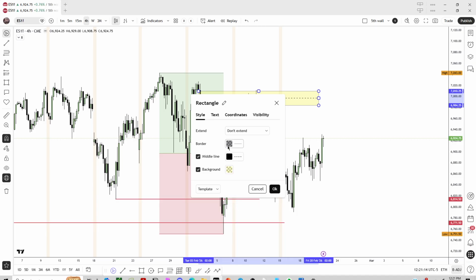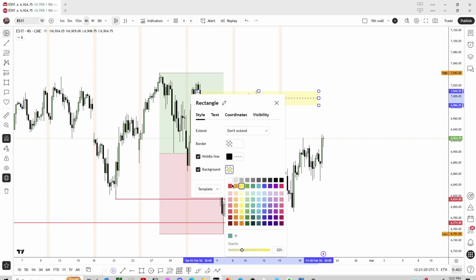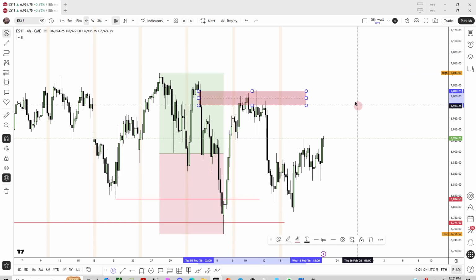All right, so that's that. And then we went down to a discount, below 50%, below equilibrium. And we can see we're now trading around that equilibrium mark right here.